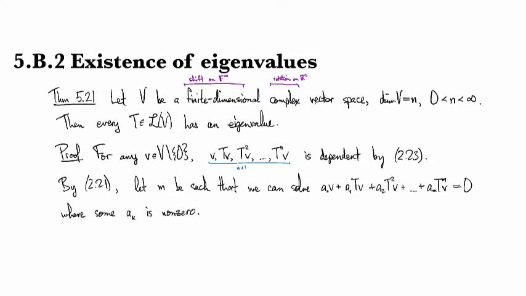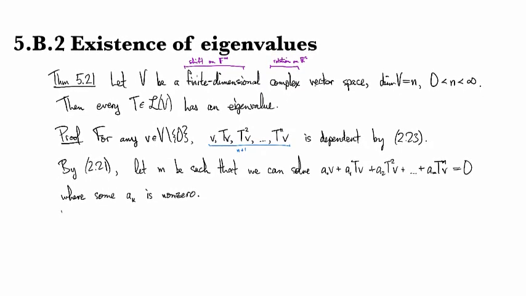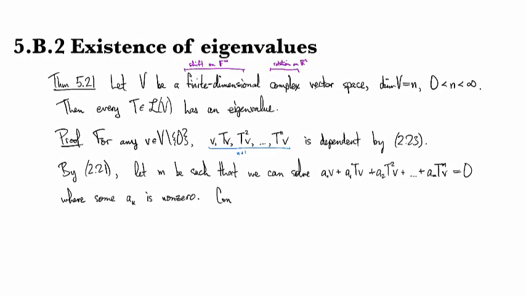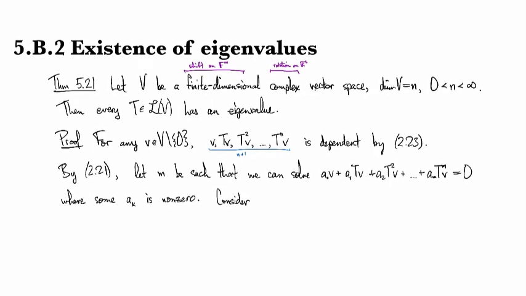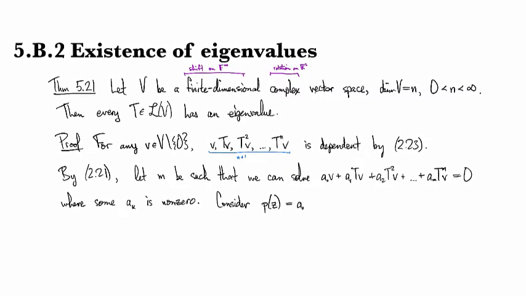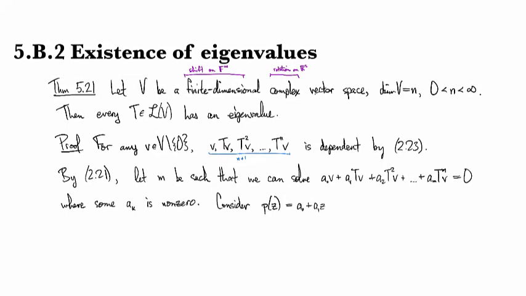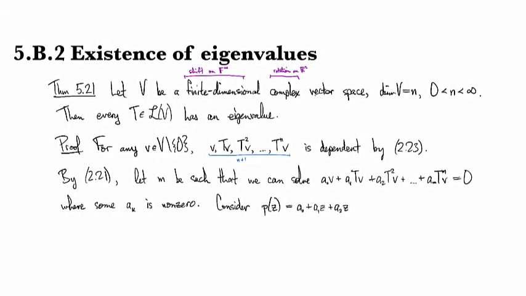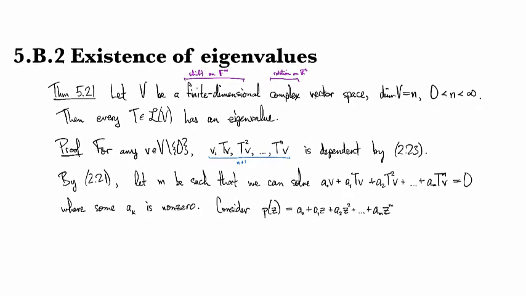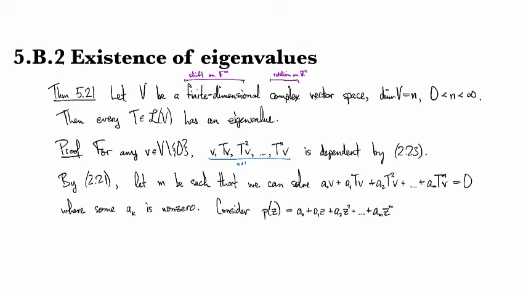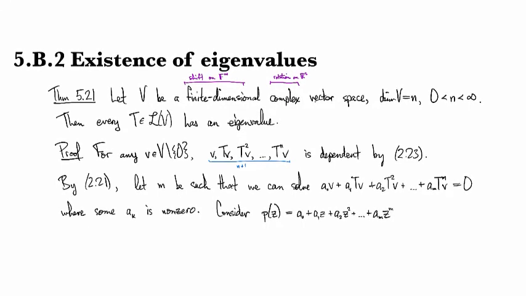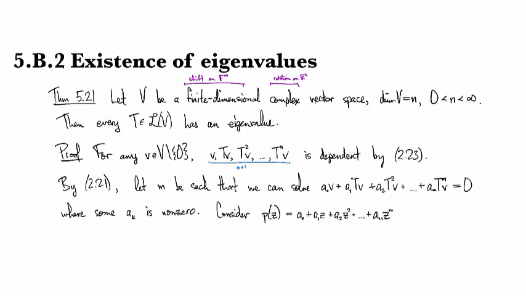Okay, then let's consider the polynomial. We know that the corresponding polynomial here, a0 plus a1 z plus a2 z squared, etc. Actually, you know what? Let me back up. Sorry, minor typo.